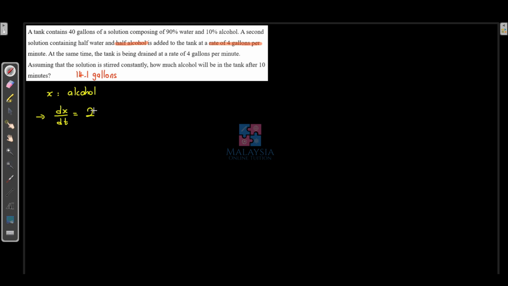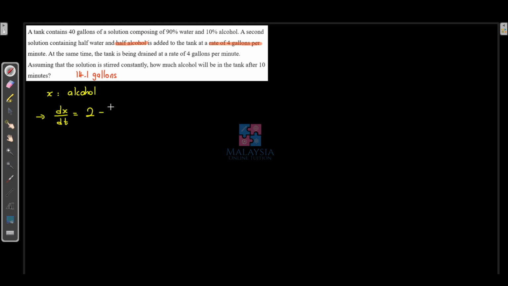And then at the same time, the tank is being drained at the rate of 4 gallons per minute, and we know that 10% of that is alcohol. But if you want to know how much alcohol is leaving at a certain time, you have to look at the rate at which the tank is being drained: 4 gallons out of the 40 gallons that you have. So 4 divided by 40, that is 0.1.